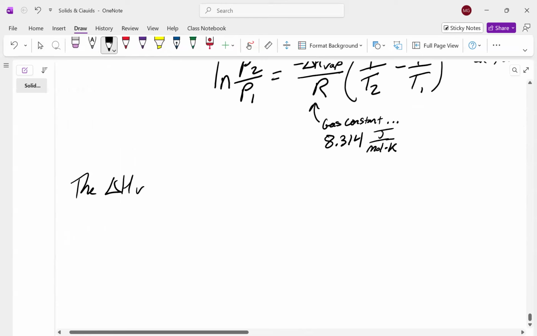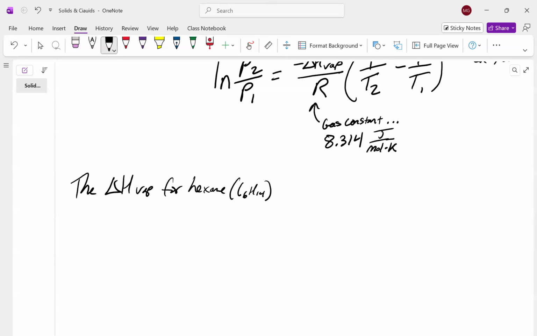So delta H vaporization for hexane, here's the formula, is 28.9 kilojoules per mole. And its normal, I'm going to underline this, and I'll tell you why in a little bit, its normal boiling point is 68.73 degrees Celsius.